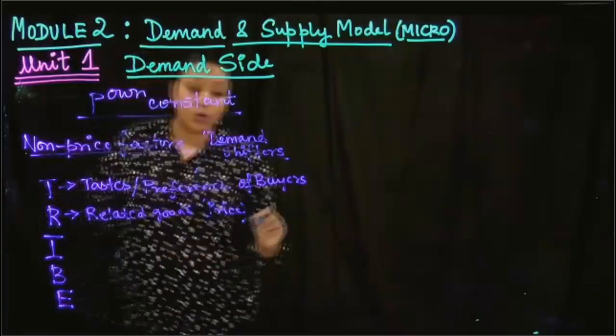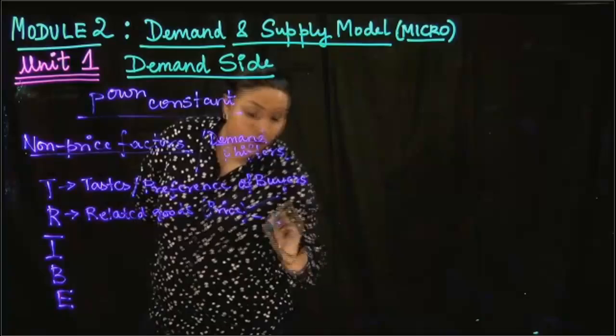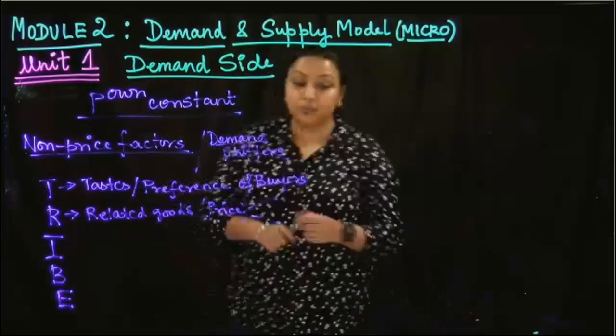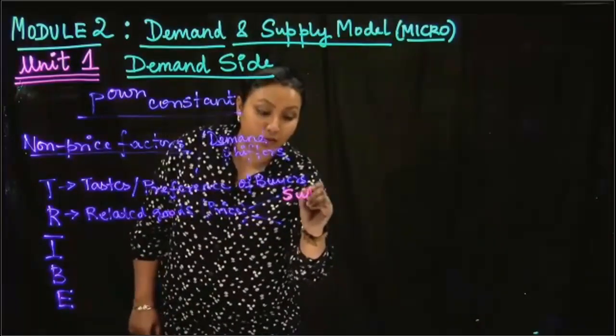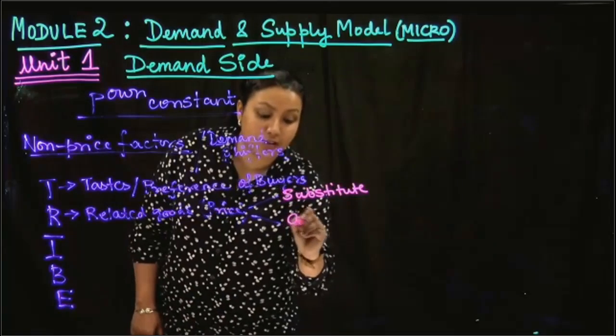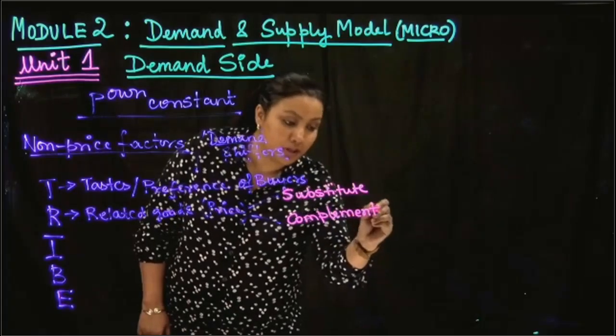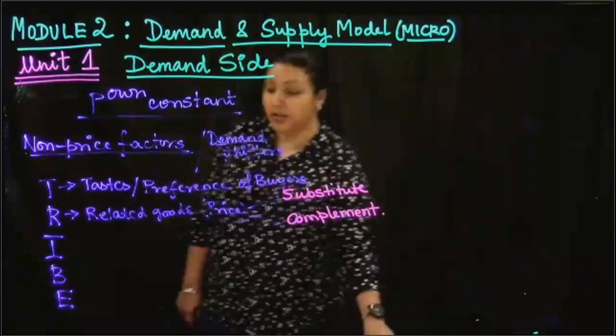Now there could be two kinds of related goods, and I will talk to you about both. One is a substitute, and the other is a complement. And in a minute I will talk to you about both kinds.